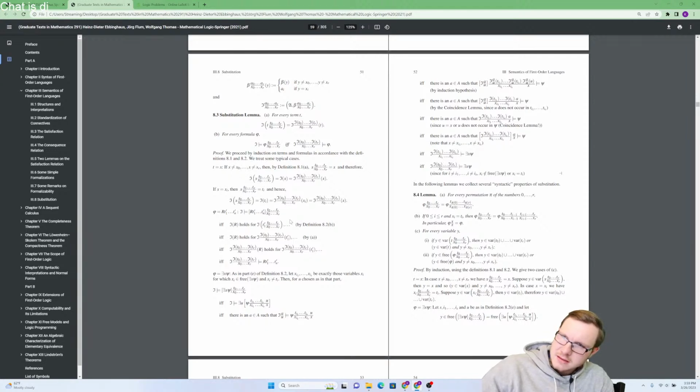Does that just map to the set? Guess I'm forgetting what this is right here.